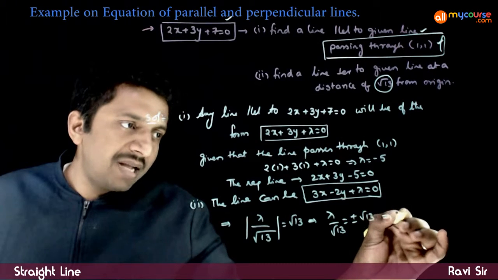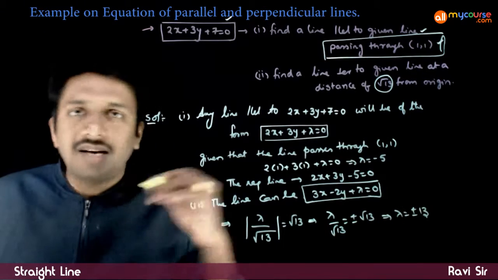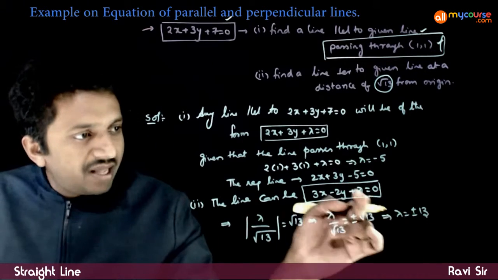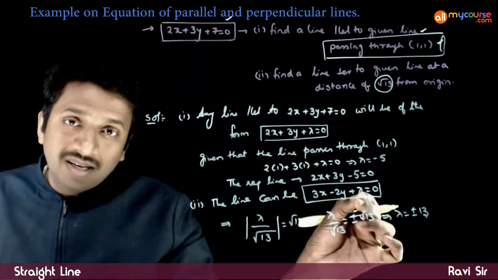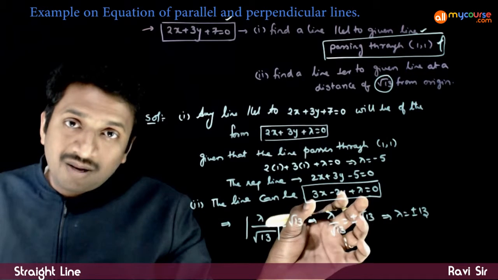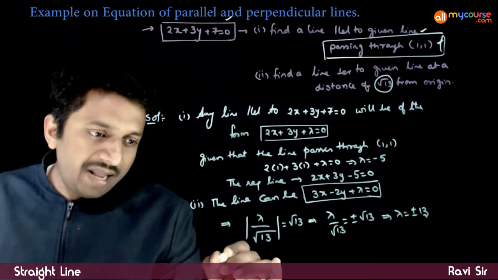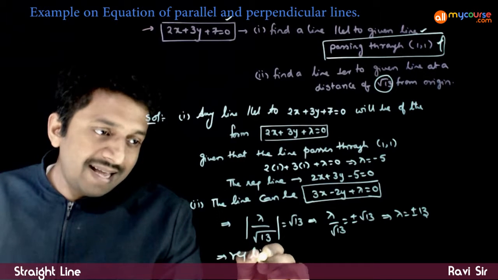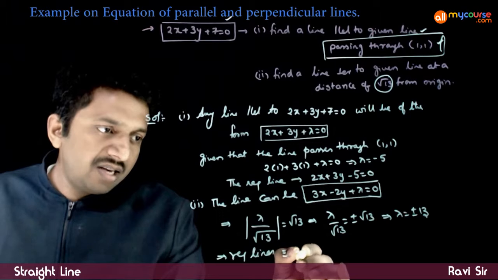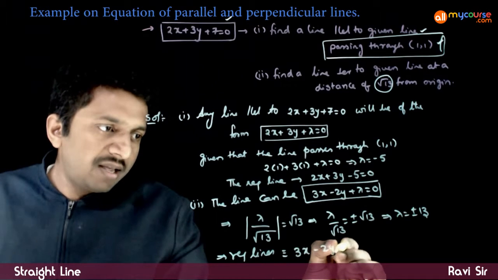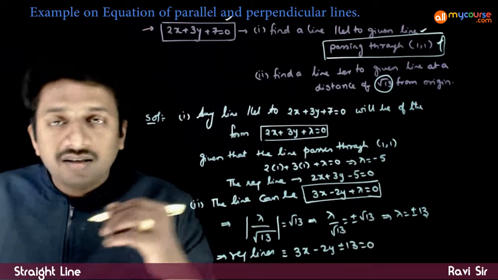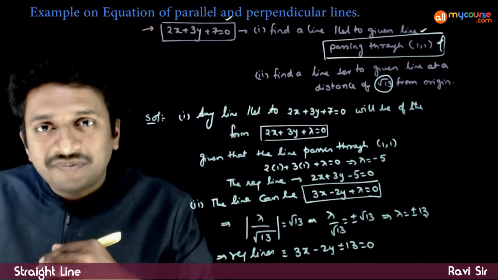This implies lambda is equal to plus or minus 13. So if lambda is equal to plus or minus 13, the line will be at a distance of root 13 units from the origin. So this implies the required lines are 3x minus 2y plus or minus 13 is equal to 0. Thank you.